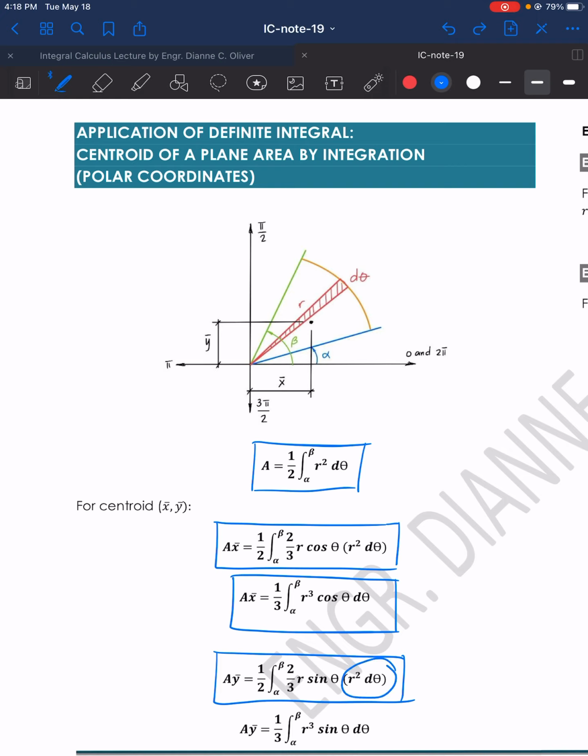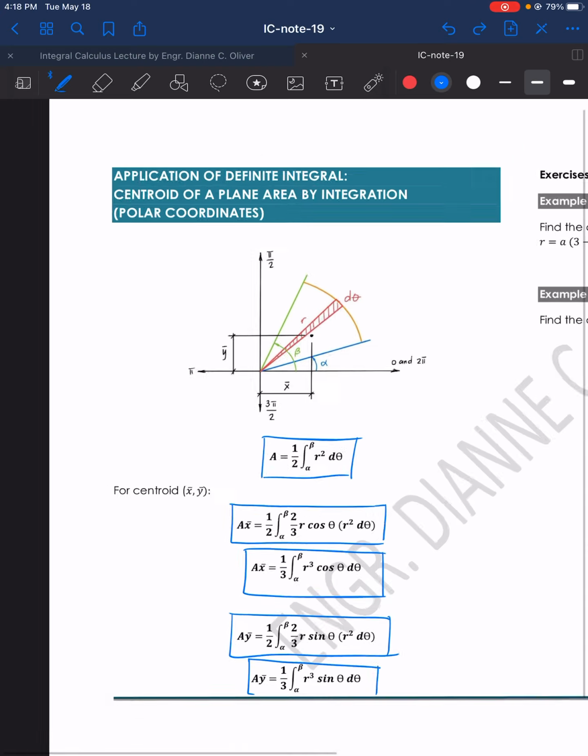Then the same also, they have r squared d theta. To simplify, we have A y bar is equal to 1/3 integral of r raised to 3 sine theta d theta. Observe that for x bar, you have cosine theta. For y bar, you have sine theta. Okay? So let's solve the following examples.